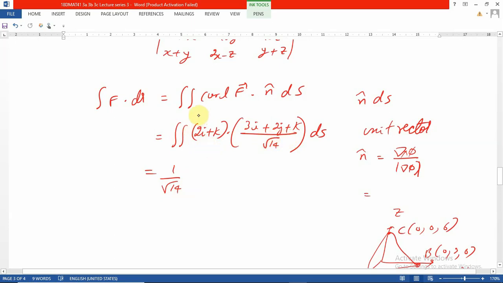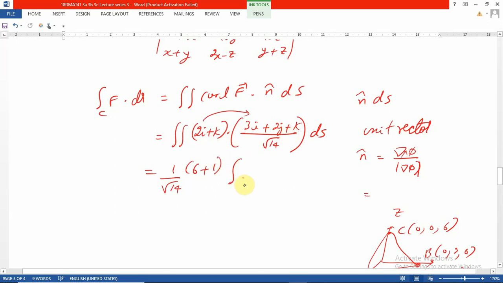Therefore this integration with respect to S is going to give 6 plus. Here j is not there. When j is not there, we cannot do j into j, therefore this is going to become 0. Only k into k is 1, so k into k is going to give you 1.